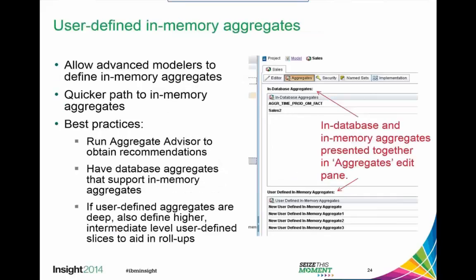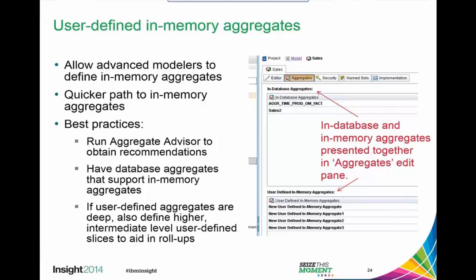Last time we also talked about user-defined in-memory aggregates. You may find, after you've gone through the whole Aggregate Advisor workflow and priming the caches and all that, that you still might want to define other in-memory aggregates in your system, or you might know your system a little bit better and want to accelerate getting in-memory aggregates.